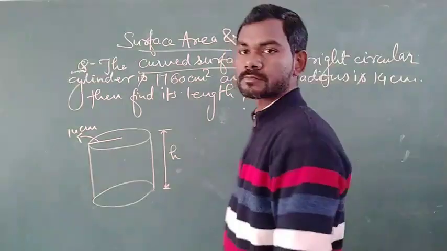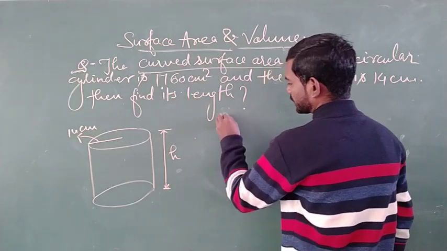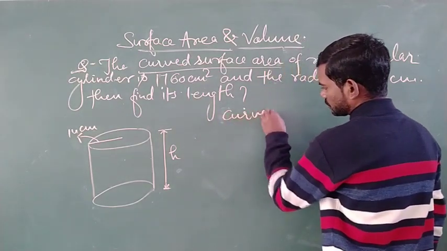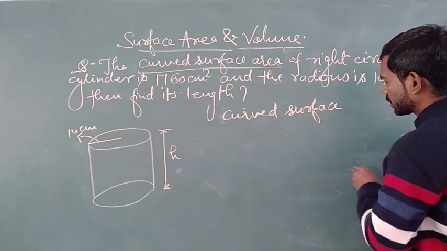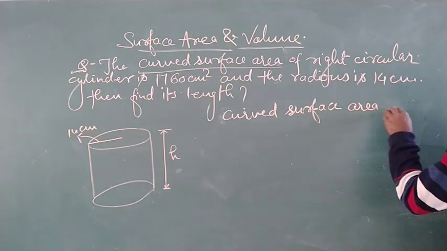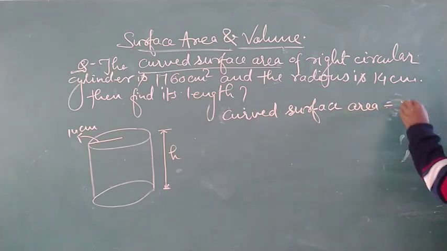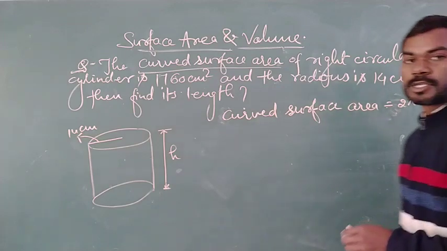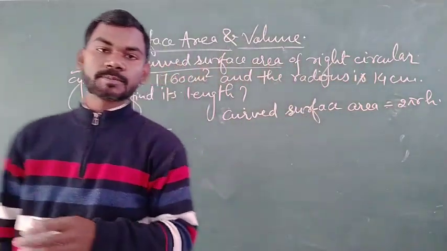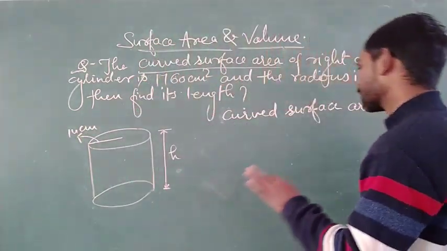So the curved surface area is given by 2 pi r h. This is the curved surface area of the cylinder. Now put in the given values.